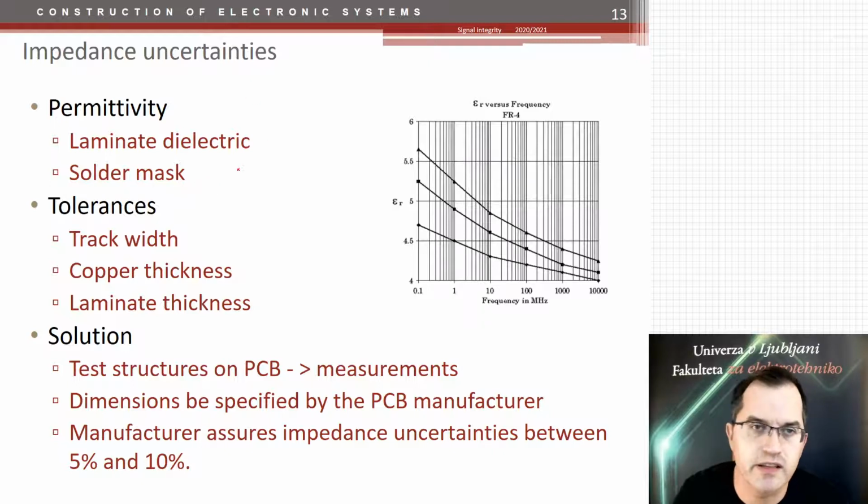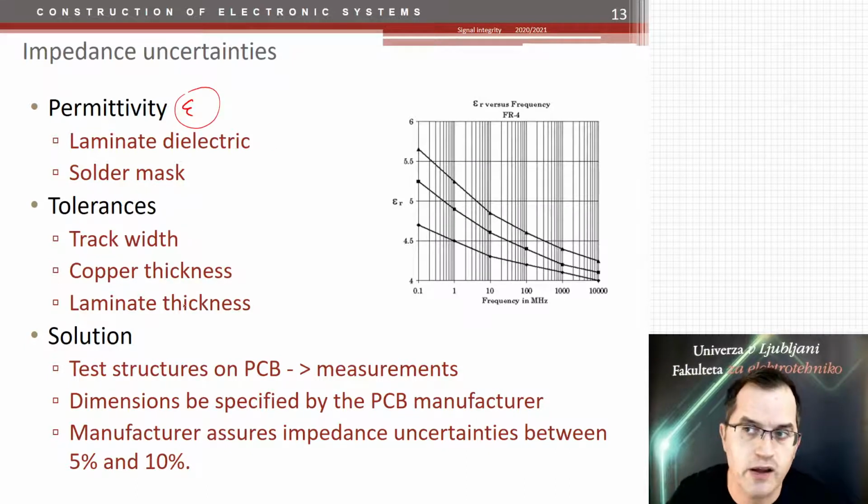All the permittivity values, these epsilon values, affect the impedance, of course, and they depend on the frequency, on the moisture content, on the material itself, and from batch to batch it could be different, and so on. There are many, many influences on these relative permittivity values.